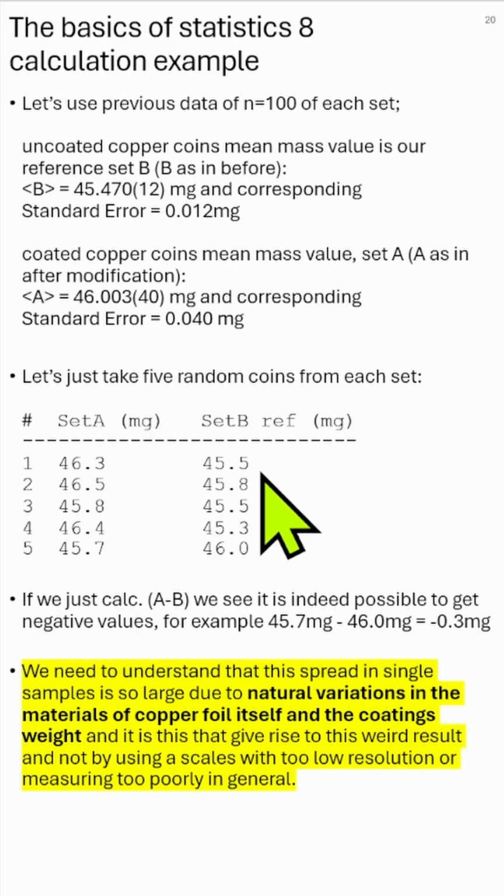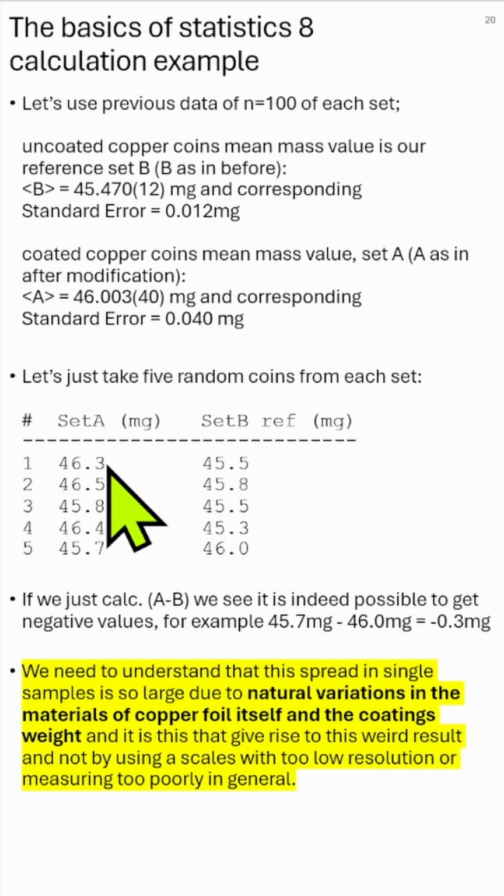So overall, it looks like there are smaller numbers in the before set and slightly larger numbers in the after set, right? And if we just do the calculations and subtract the before data set, the uncoated coin weight, from the coated weight, right? Let's do that, and we can look.